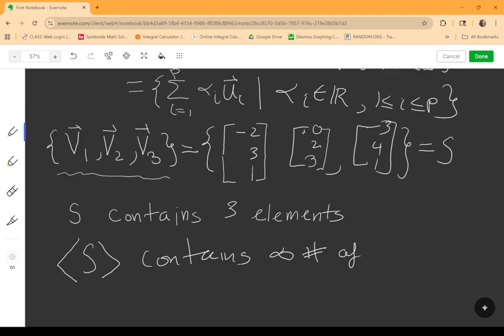Just keep that in mind as we refer to these sets, because they are very, very different.